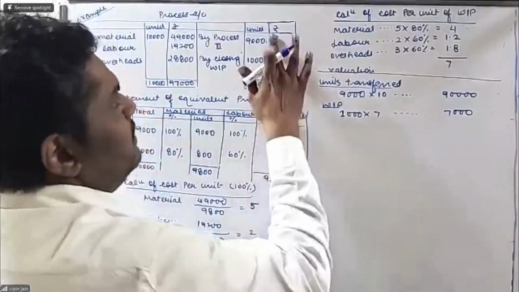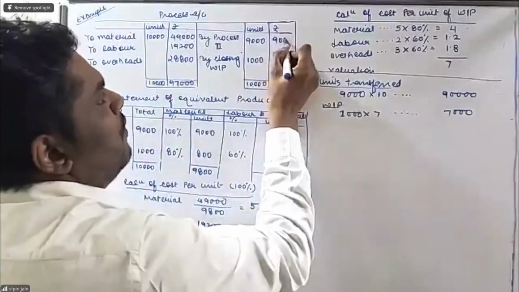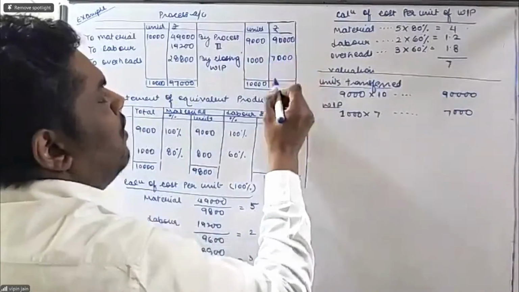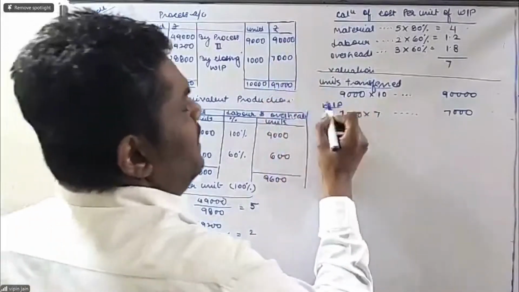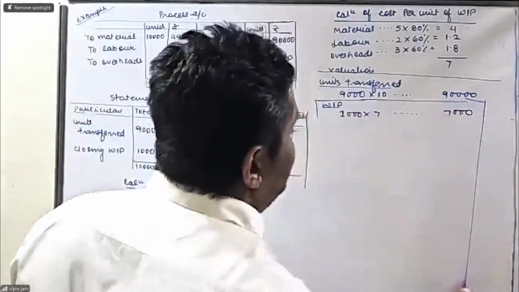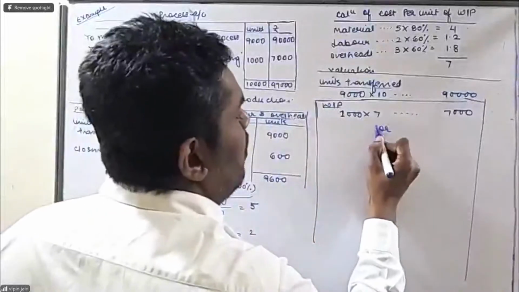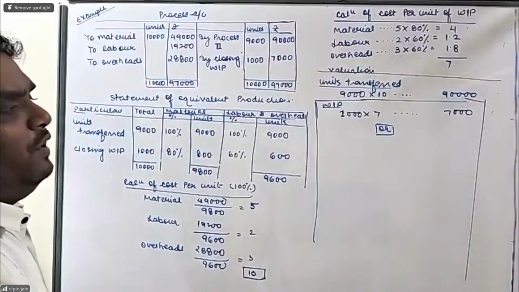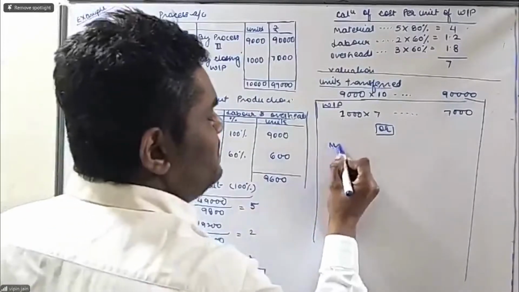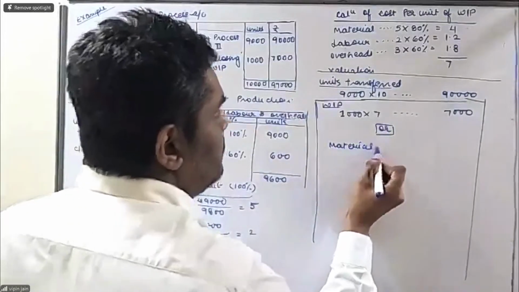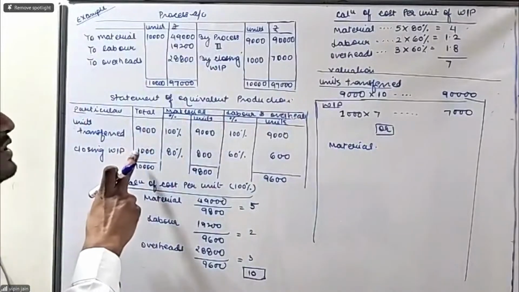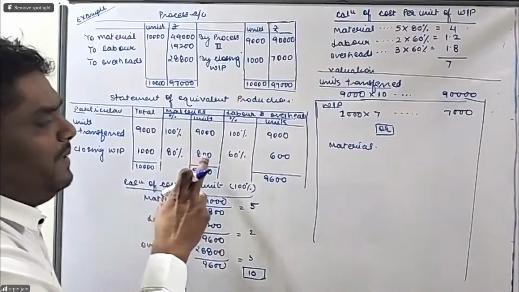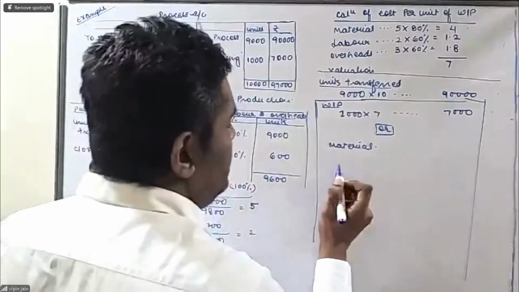Now, very important. This work in progress can be calculated using another way also. So no need to do this exercise. You can directly calculate the value of work in progress, wherein in respect of material, as I said, 1000 units that are 80% complete will be equal to 800 units that are 100% complete.